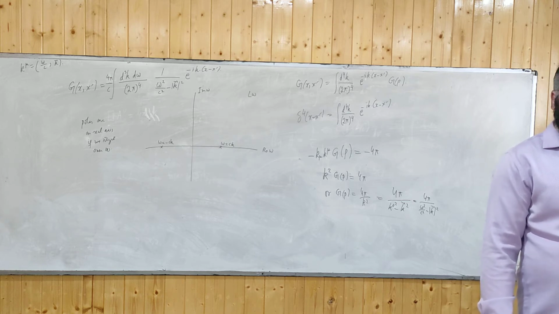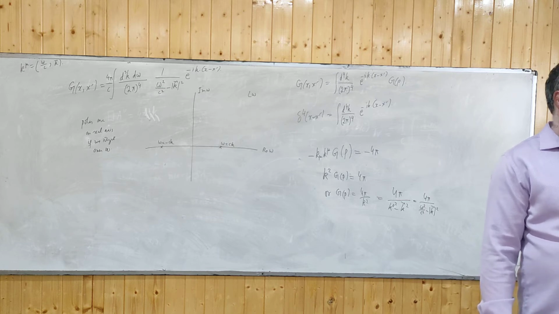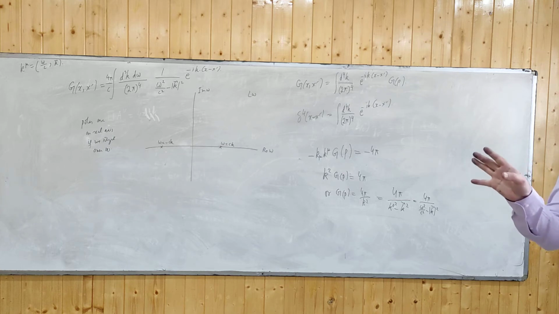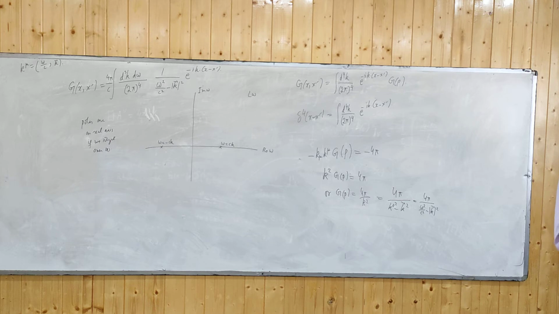Clear? Since in electrodynamics we are dealing with differential equations, we are dealing with boundary conditions. So choosing a boundary condition in this problem means choosing a suitable contour. Clear? So how to do that?